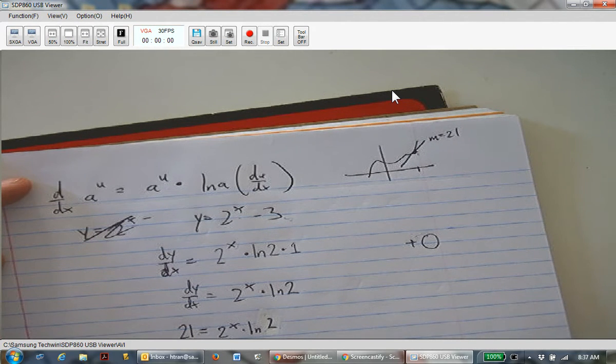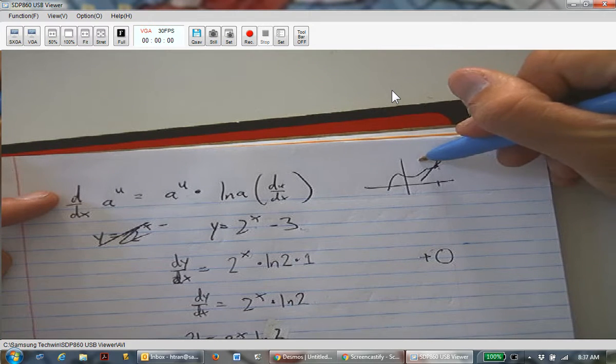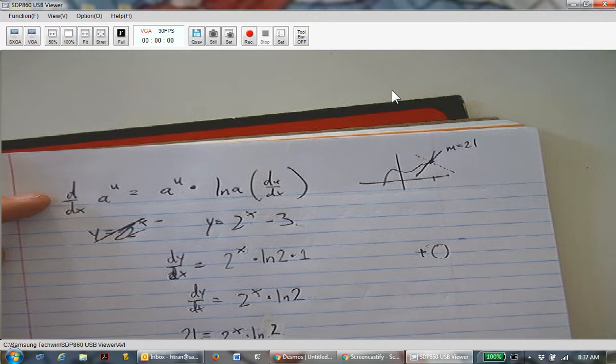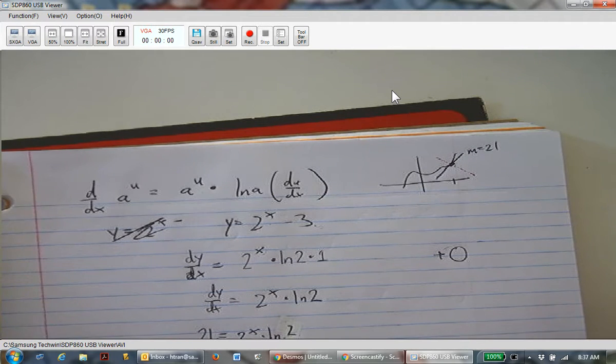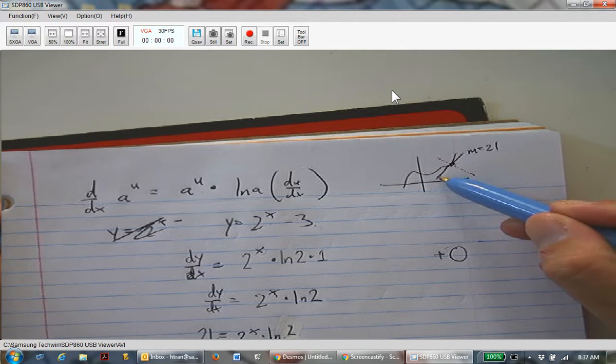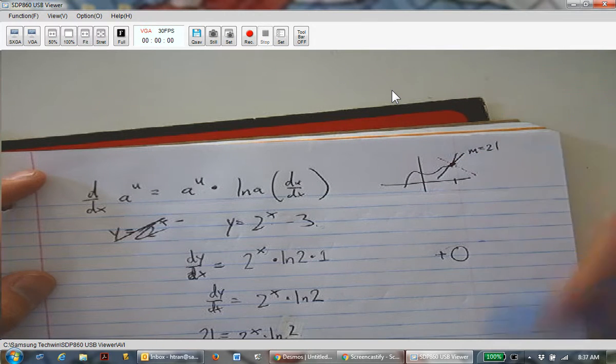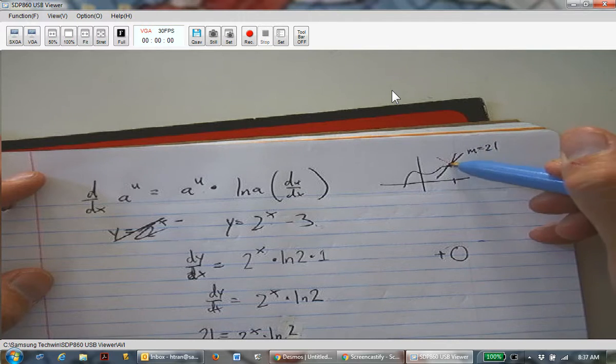The negative reciprocal is this: what if I needed to find the equation of the line that is perpendicular to that? Then I start doing the negative reciprocal. All I need to do when I ask for the tangent line is find the derivative at that point. The slope of that tangent line is equal to the derivative.